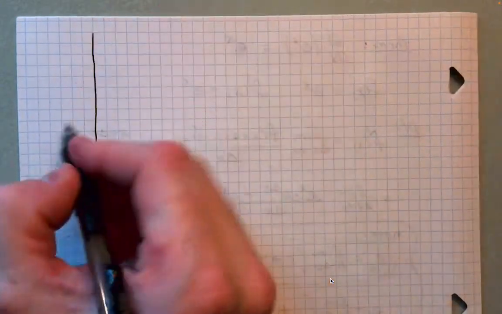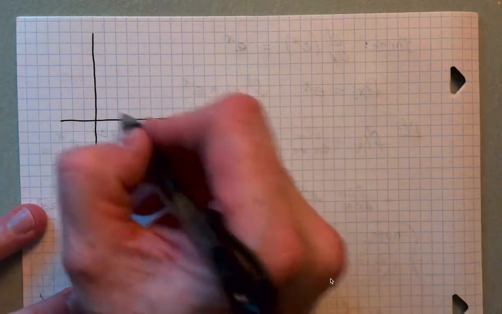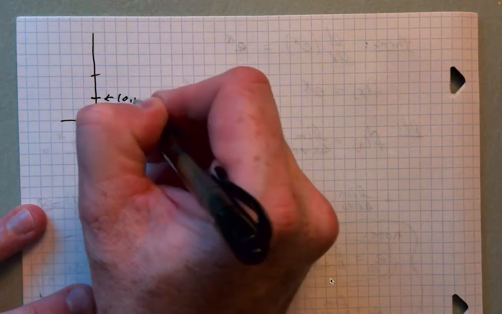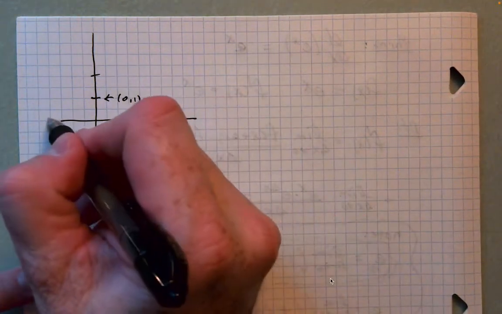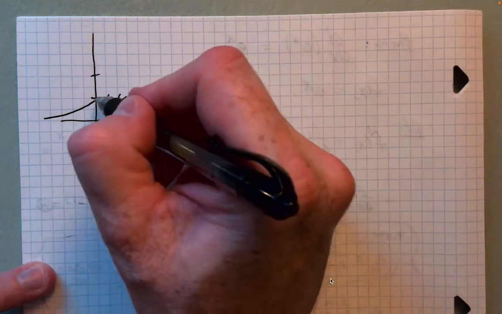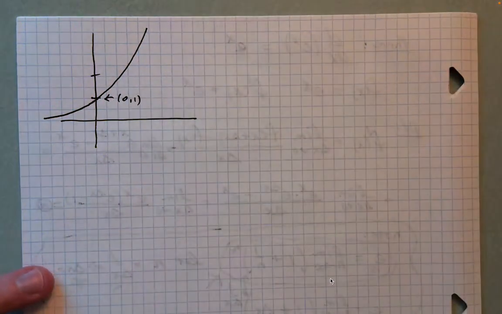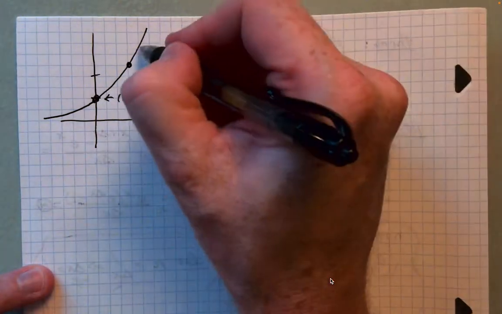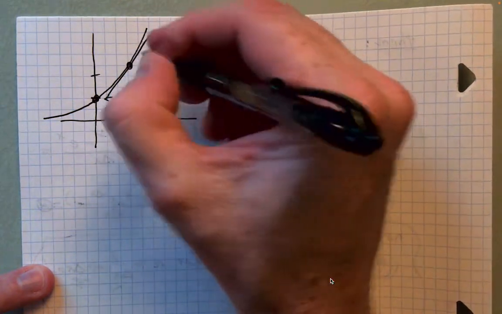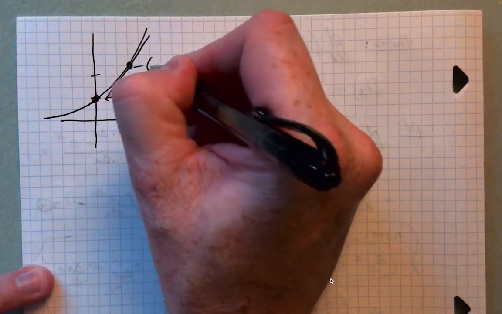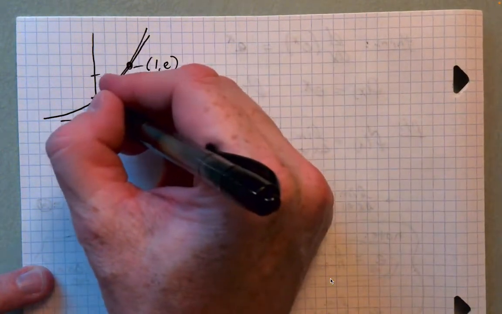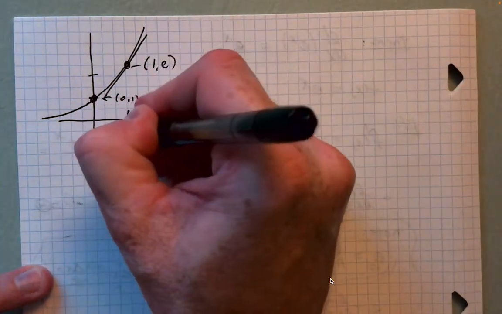We can think of this. Let me try to draw a reasonable natural exponential function. We'll say this is the point 0, 1. The graph hugs the x-axis, comes through there, and then sort of shoots off, right? So what this means is that for tangent lines at any one of these points, the slope there is going to be like 1 comma e here, right? 0 comma 1 right there. So this would be the point x equals 1.